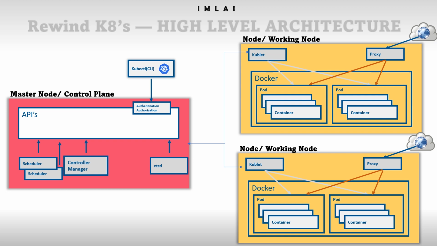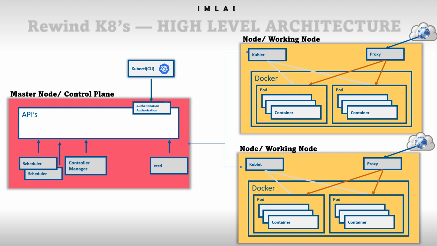Unlike manually created pods, the pods maintained by a replication controller are automatically replaced if they fail. So that is one more important benefit of a controller. There is another type of controller called a replication controller.